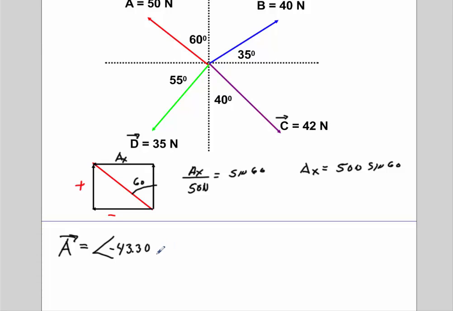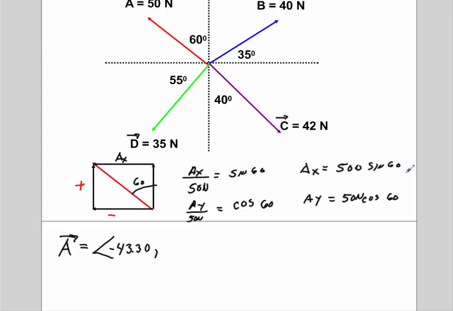Alright, so now we'll do the comma. Then we know that we're looking for this one here, which is the same as this one here. So this is adjacent, so this we will use the cosine. So again, we could say that AY over 50 newtons is equal to the cosine of 60. Or we could say AY is equal to 50 newtons times the cosine of 60.